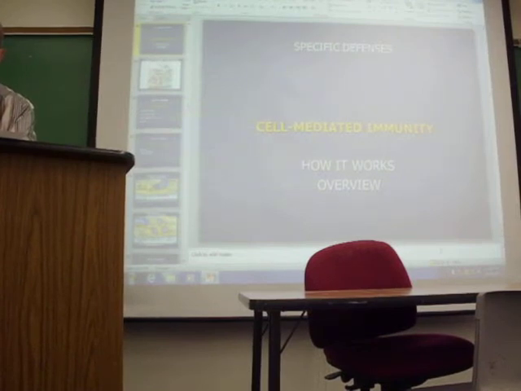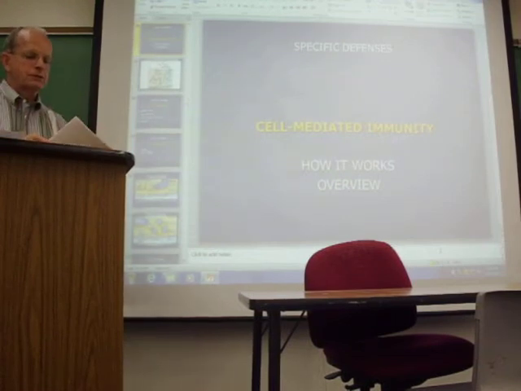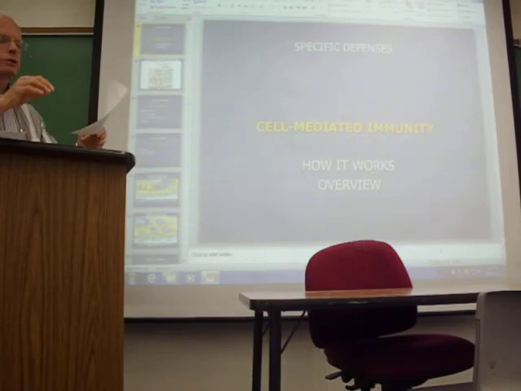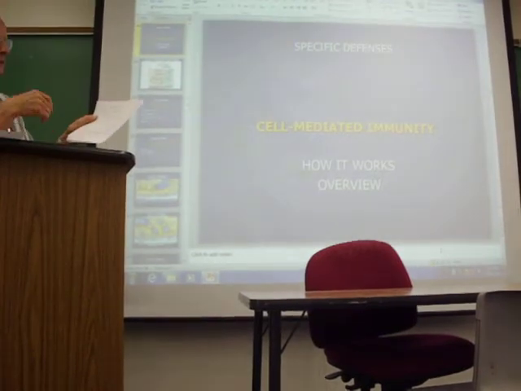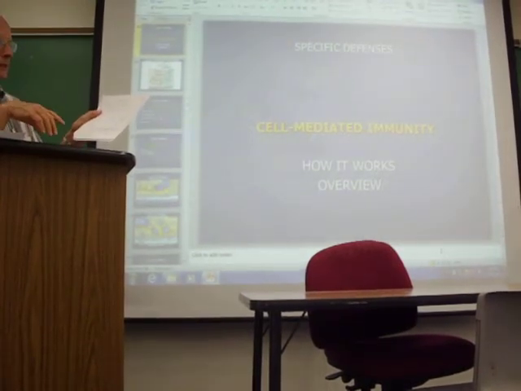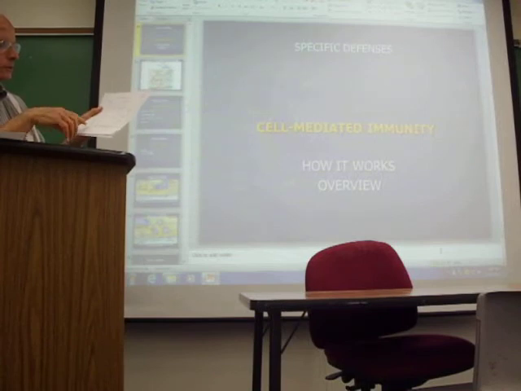Look at that diagram in the back here. This diagram back here shows you the clinical course of a person infected with HIV. So, in this column here, we've got the CD4 T cell count.